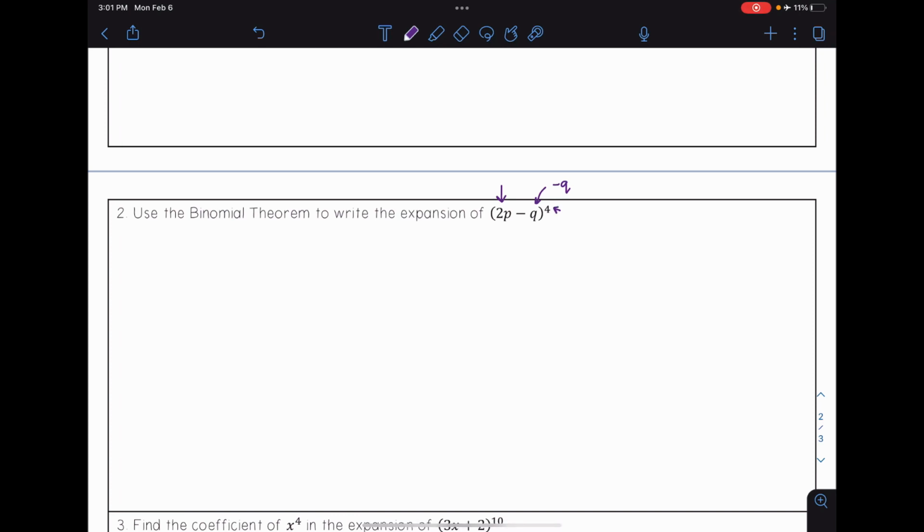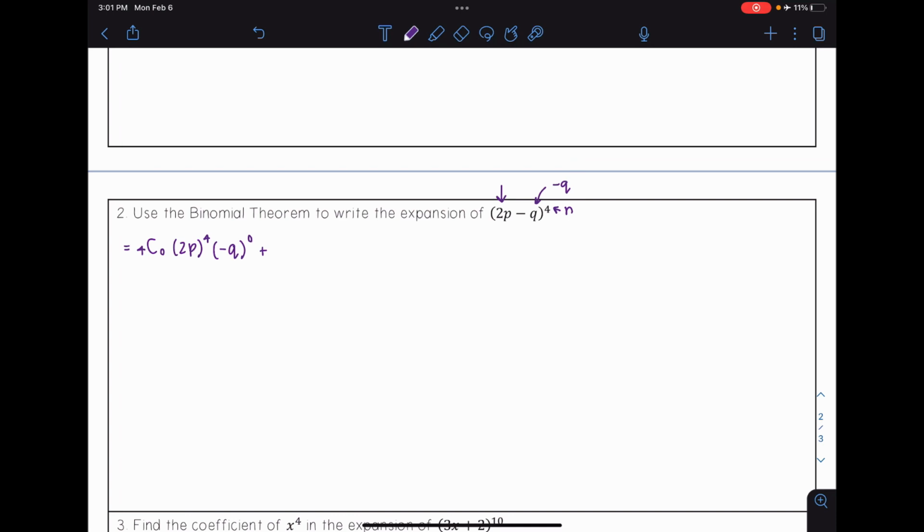And then 4 is my n. So to expand this, I'm starting with my c, so my n is 4, and I start with 0. I have my a raised to the n power, so 2p raised to the 4th power. And then I have my b, which here is negative q, raised to the 0.